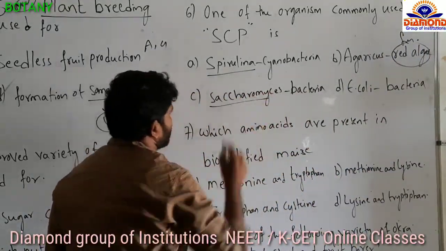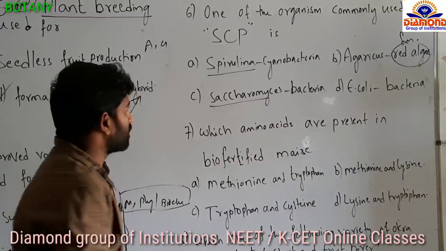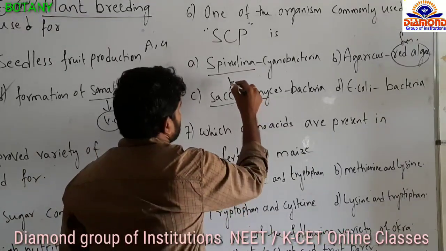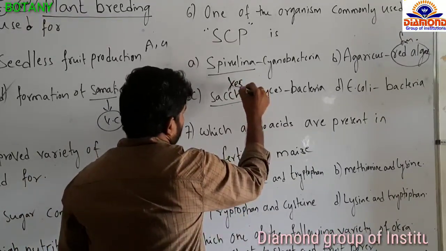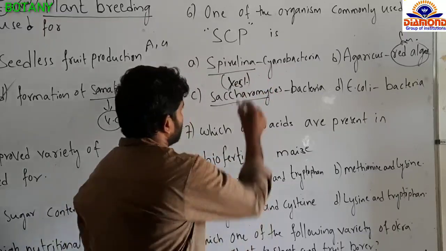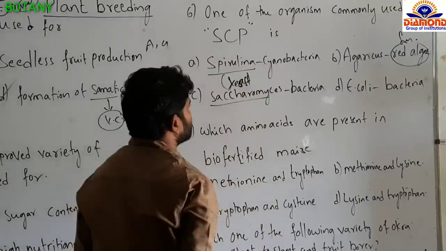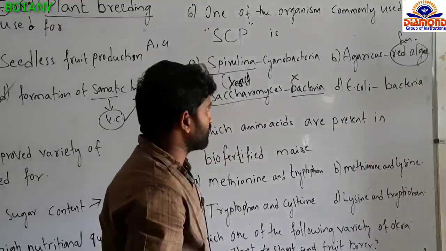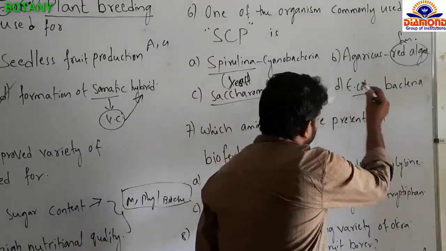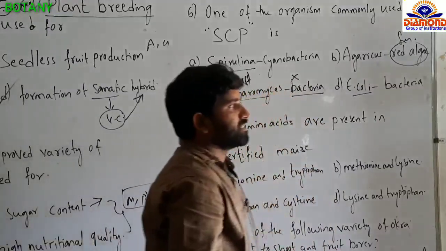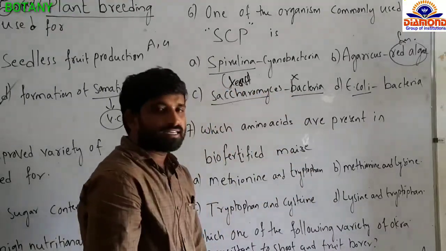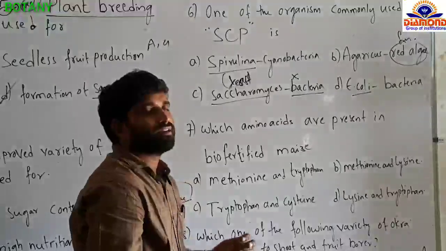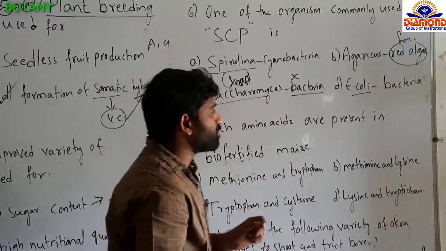Option C is Saccharomyces. The scientific name of yeast is Saccharomyces cerevisiae. They gave it as a bacteria, but it's not a bacteria, it's a fungus. Option D is E. coli, Escherichia coli bacteria, present in the intestine of human beings.